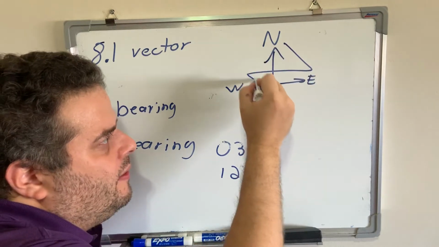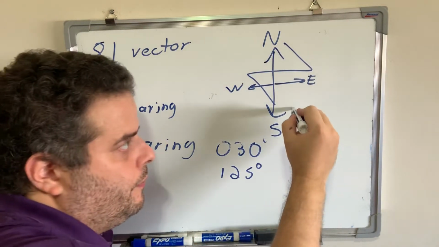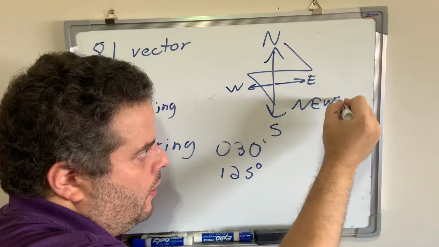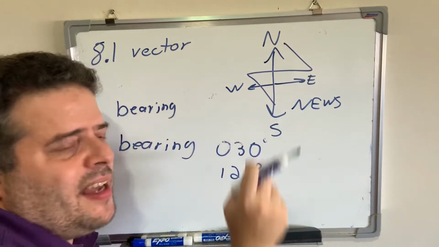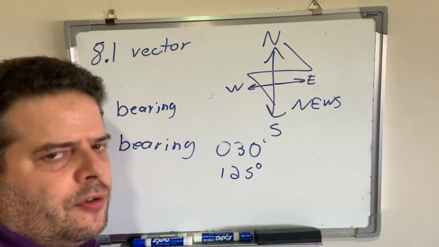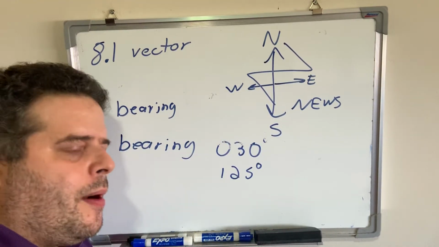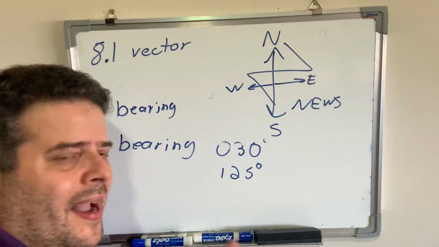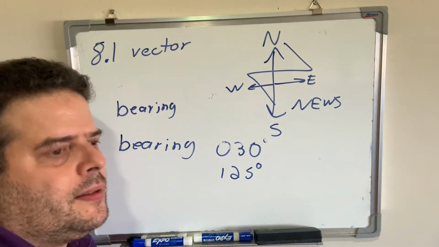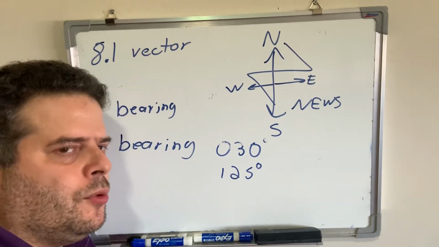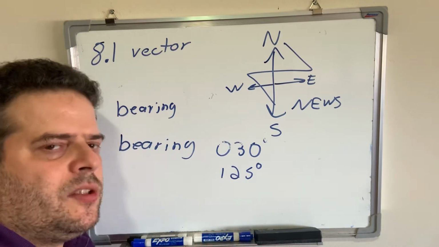And if you go like this, it spells news. News. North, east, west, south. News travels fast. That's how I remembered it. Just make sure you try to remember it using another method, whatever, I don't care. If you mix up east and west, we have problems. So make sure you just write down east and west properly, okay?